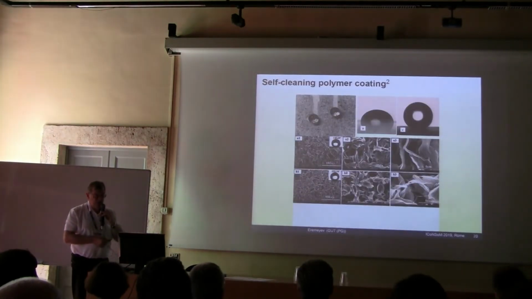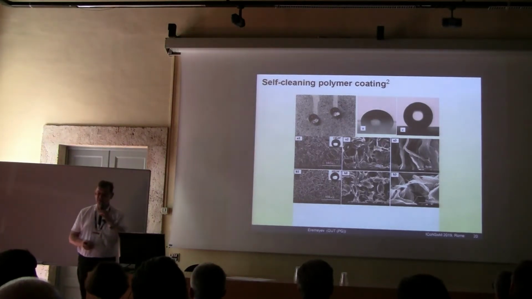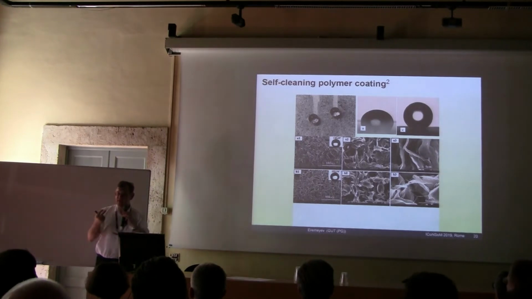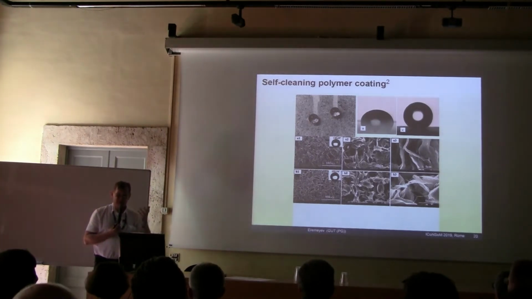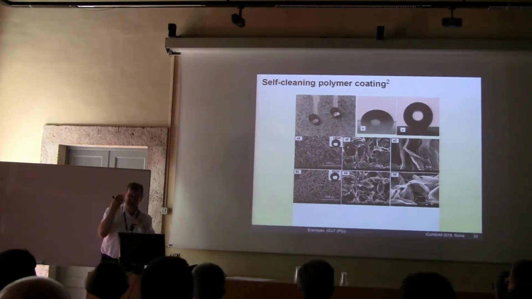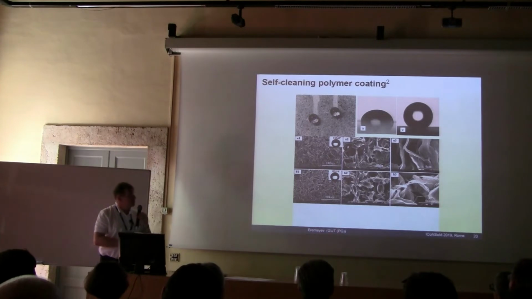So-called self-cleaning polymer coatings are quite useful. For me, for example, wearing these glasses, I must clean them a few times per day, so it is much better to have something self-cleaning.